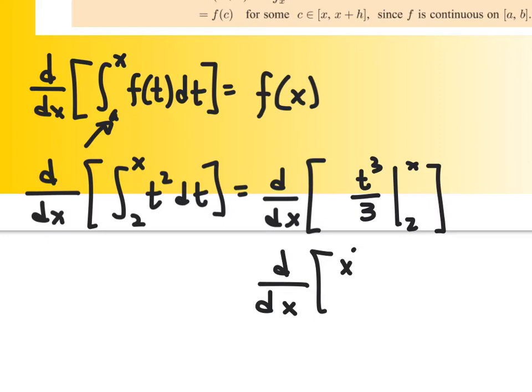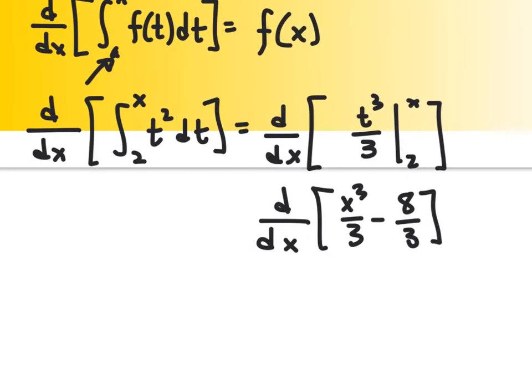That would be x cubed over 3 minus 2 cubed, which is 8 over 3. What happens when I take the derivative of x cubed over 3? I get 3x squared over 3, which conveniently is equal to x squared.